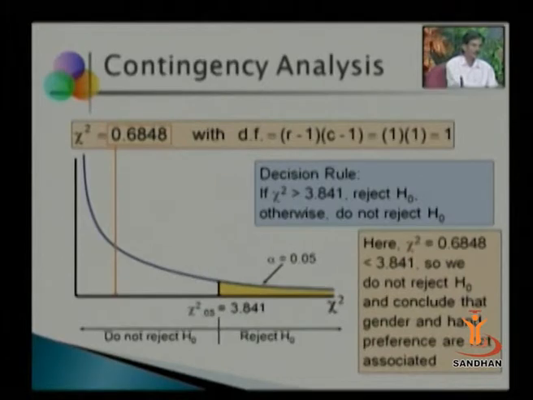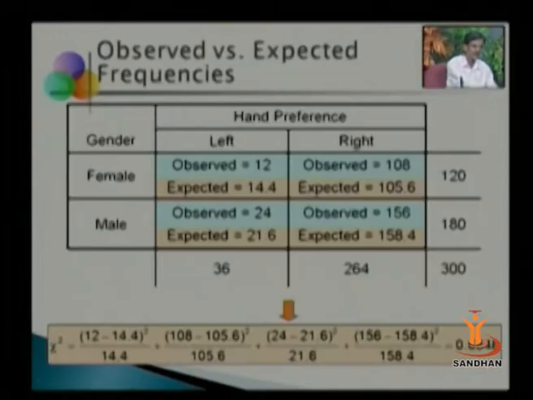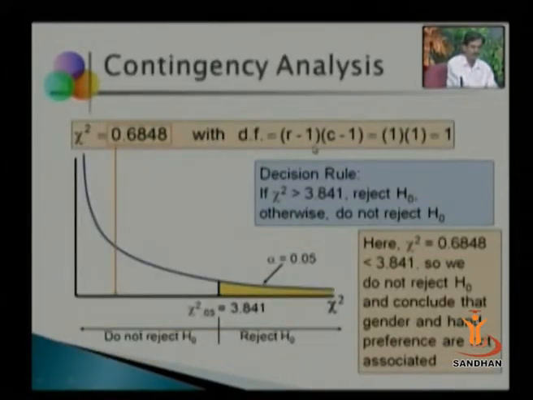Since it follows a chi-square distribution with (r minus 1) into (c minus 1) degrees of freedom, and here we have 2 rows and 2 columns, the degrees of freedom is (2 minus 1) into (2 minus 1), equal to 1.